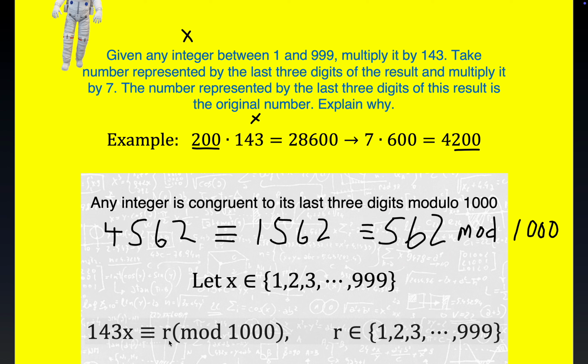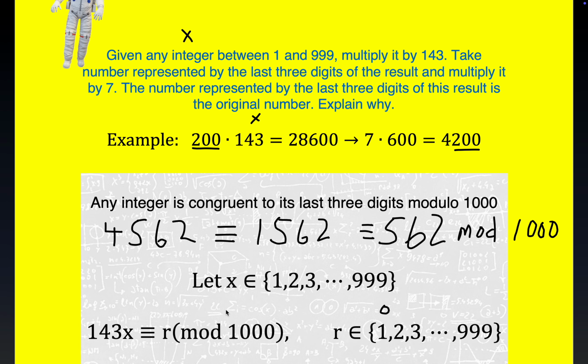Now it's going to leave a remainder, and that remainder should also contain 0 a priori. It may not be allowable with 143, but in general your remainders, if you divide something by 1,000, would be from 0 to 999. So this is just a translation of the first statement.